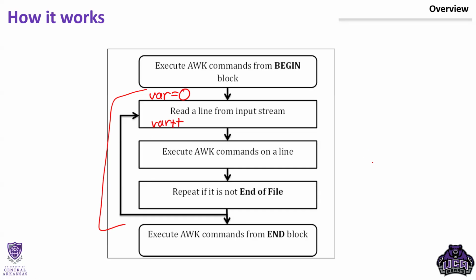It reads line 1, the pattern is true, it increments, so now the variable is equal to 1. Then it gets down here, discovers there's a new line, and moves to line 2. Then it's going to initialize that variable again and set it to 0, so everything is erased. Of course, if it's true, it increments it again to 1. That's why you need that variable declared up in the begin block, so it's not overwritten every time this loop occurs.